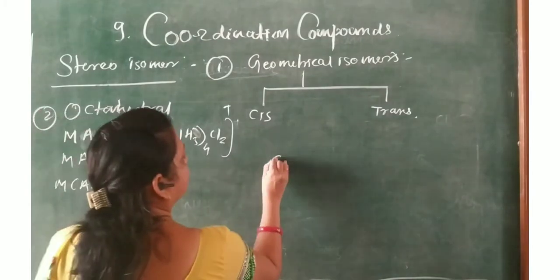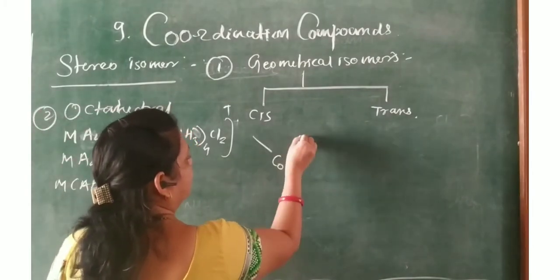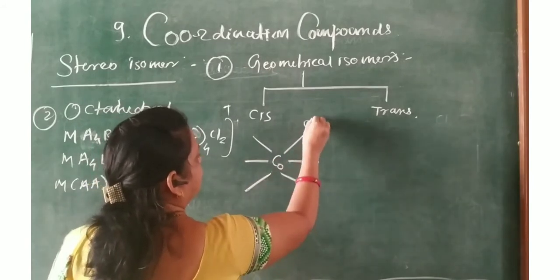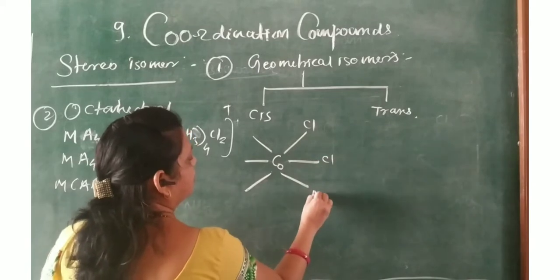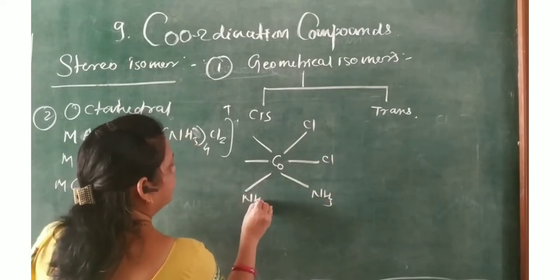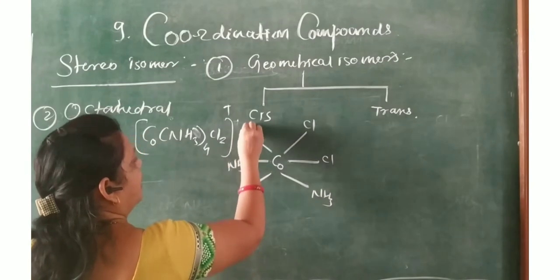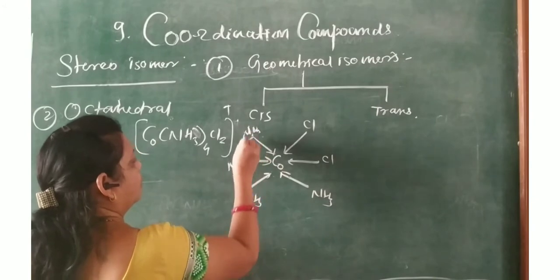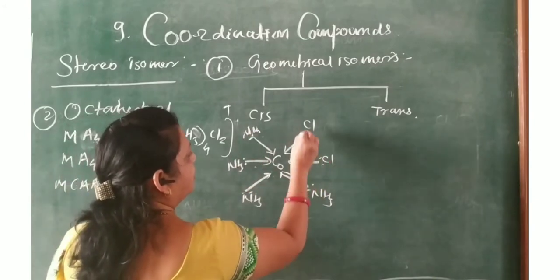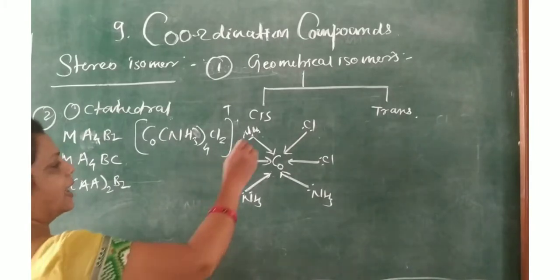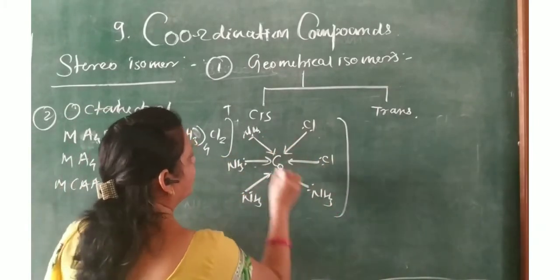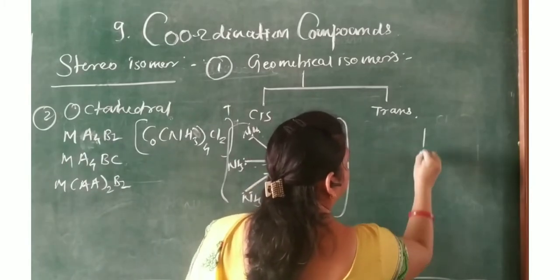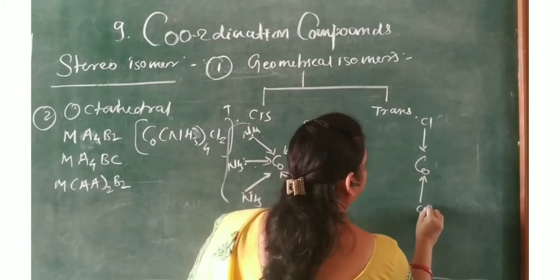Here cis means Co, Cl and Cl, here NH3, NH3, NH3 and NH3. As they are ligands, they donate a pair of electrons to the central metal atom. As these are adjacent, these are called cis. Then trans: Co, here Cl, here also Cl.